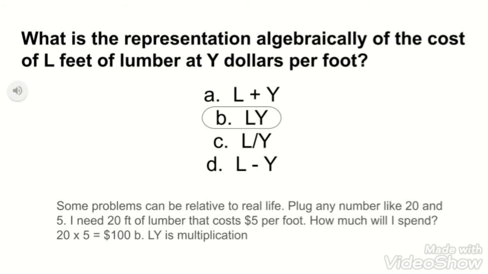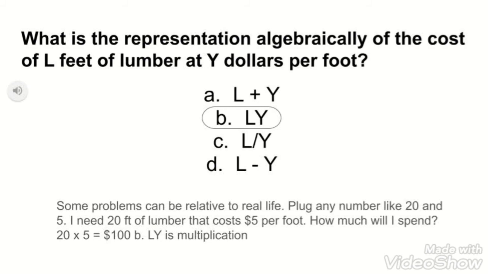So I told myself, I need 20 feet, and it's $5 per foot, so I'll be spending $100. But that's just me plugging my numbers in just to make sure I get the right formula or the right representation. And then it's easy to multiply after that.